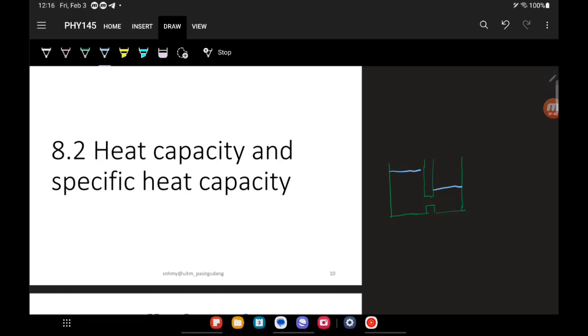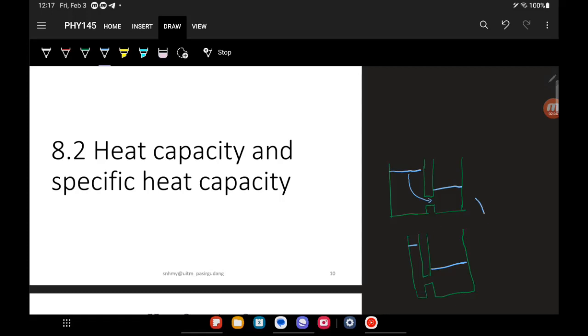So what is heat capacity? As we know, we can illustrate this level as temperature. One side has a higher temperature than the other, and then you will see that the heat flows there. So if I draw the same condition here but a little bit different, with a difference in height as well, then you will see a flow of water as well.